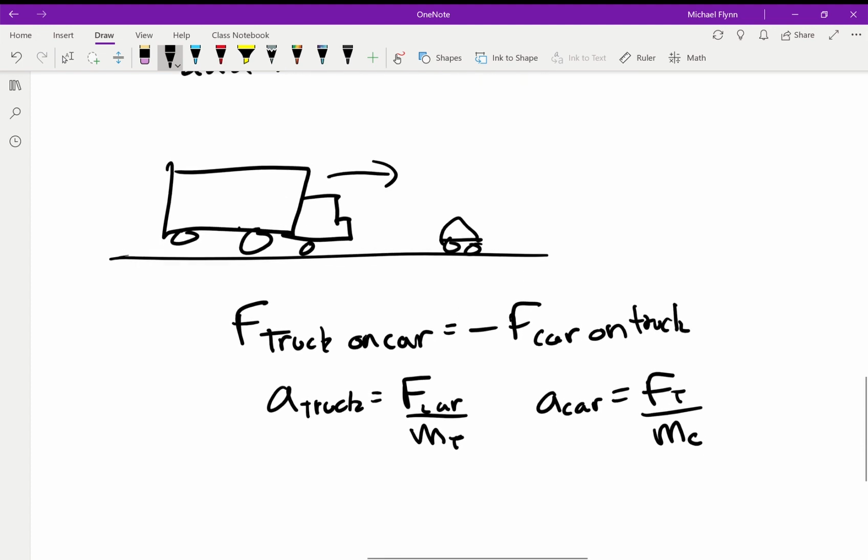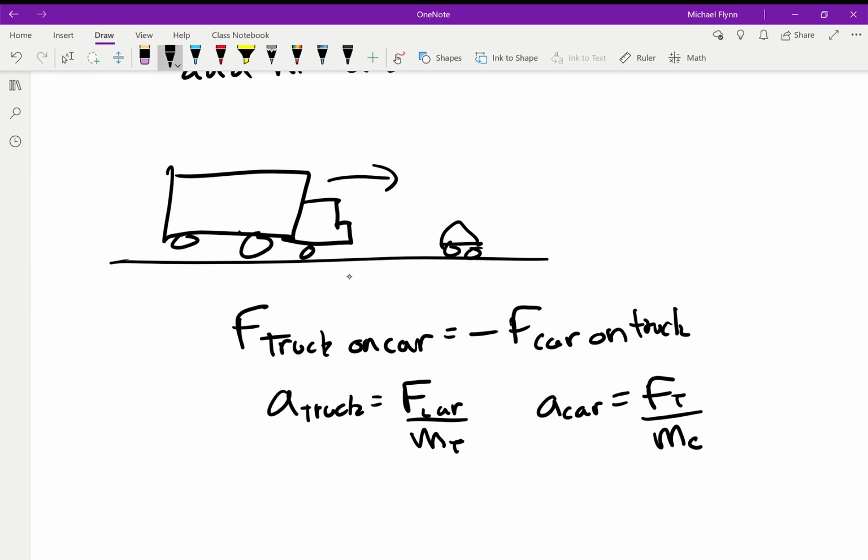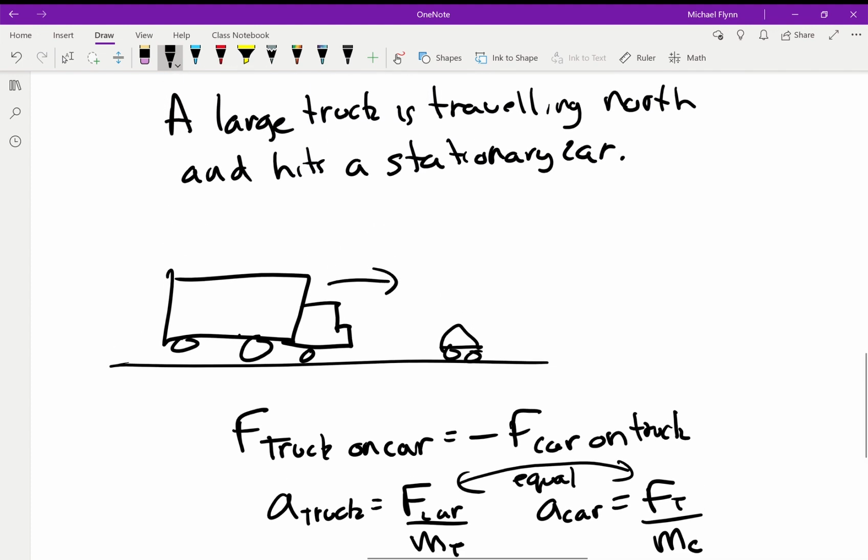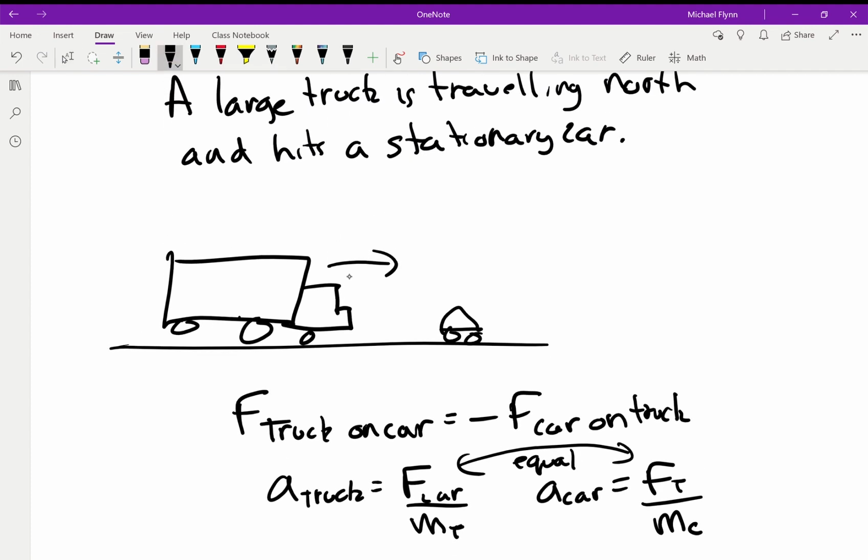And because the truck has so much more mass, the forces are the same. These two forces are equal and opposite, right? So the car will accelerate, let's say, north, in whatever direction that way is. The truck will accelerate this way because of the impact, but that's just going to slow down the truck.